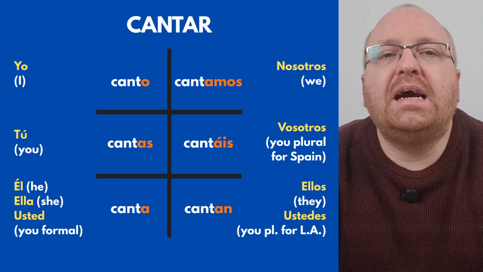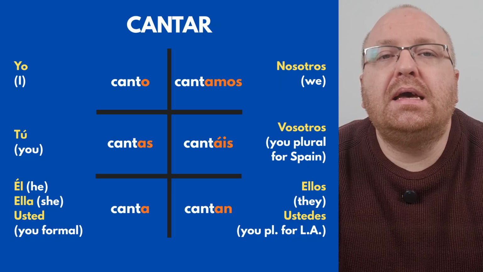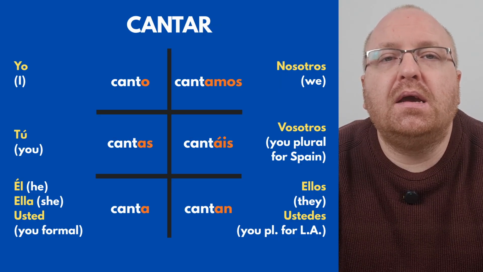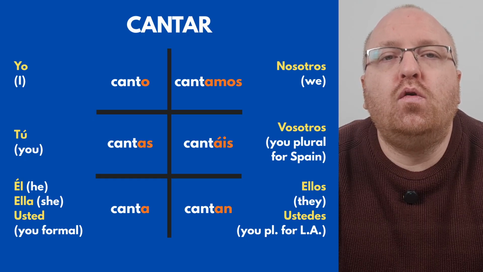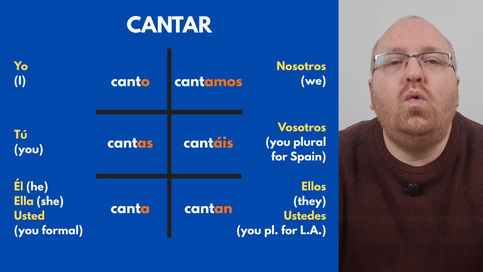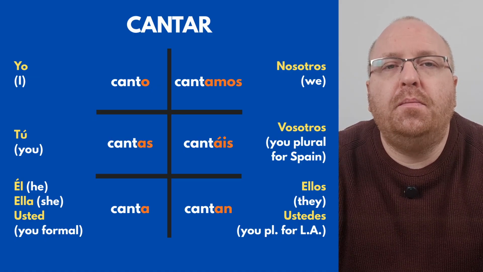You sing, cantas. He or she sings and you formal sing, canta. We sing, cantamos. You sing, plural for Spain, cantáis. They sing and you sing, plural for Latin America, cantan. So those are all the 6 present tense conjugations for a regular AR verb.